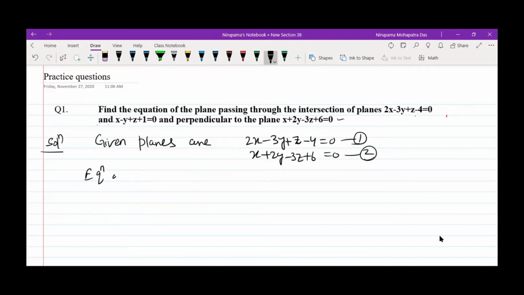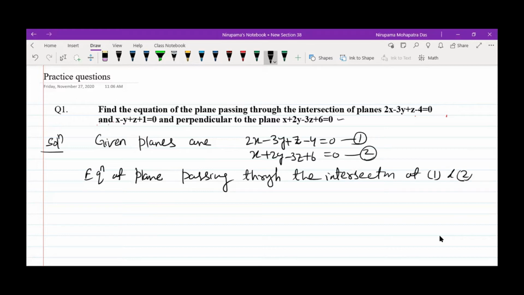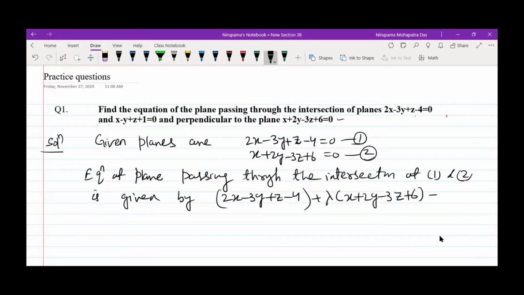So the equation of the plane passing through the intersection of planes 1 and 2 is given by 2x minus 3y plus z minus 4 plus lambda times (x plus 2y minus 3z plus 6) equal to 0.